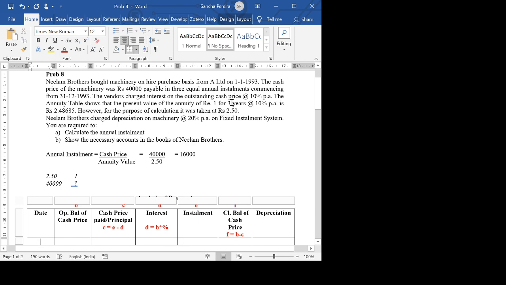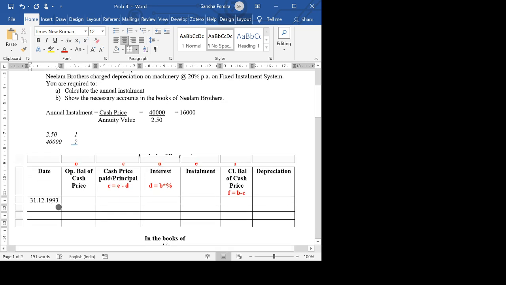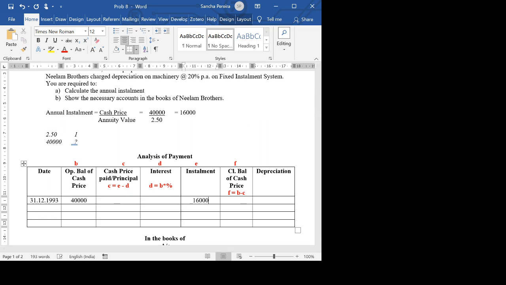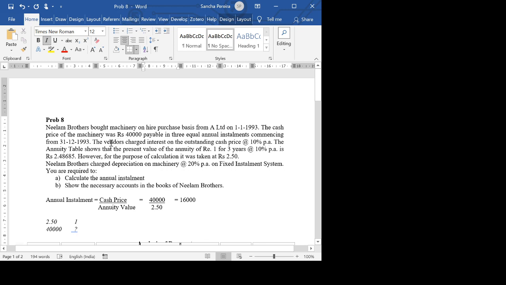They are only talking about installments. So 31st December 1993. Opening balance of cash price is 40,000. The installment we have already calculated. Our installment is 16,000. So we are going to get our interest: 40,000 into what's the rate of interest?